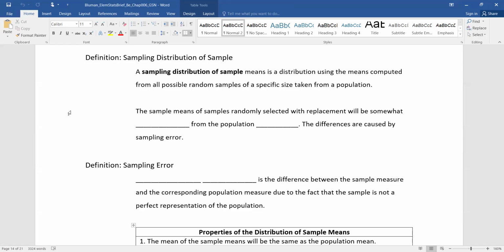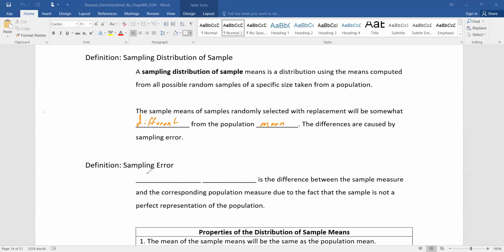So the sample means of samples randomly selected with replacement will be somewhat different from the population mean. The differences are caused by what we call sampling error.